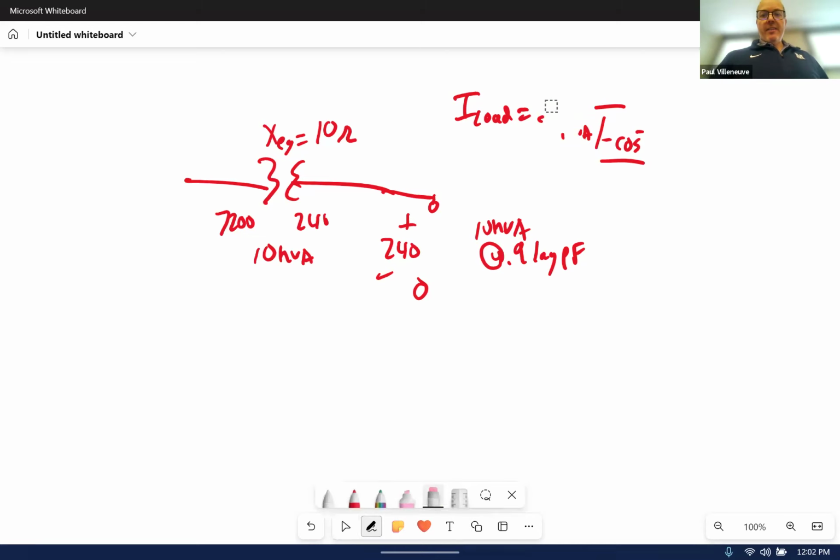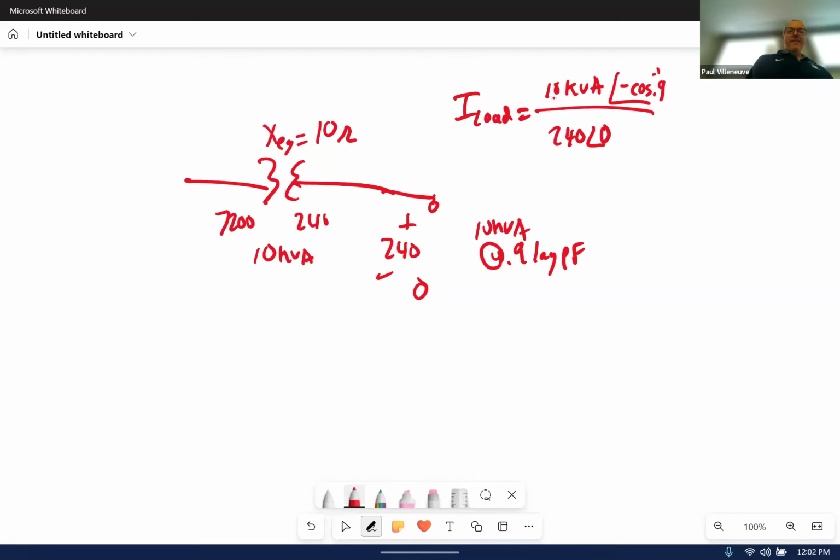Other way around. It is 10 kVA, my angle is negative cosine inverse of 0.9, and I divide that by 240 at an angle of 0. Once I have that, now I can redraw my circuit.